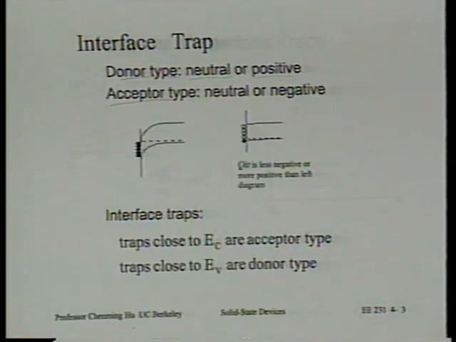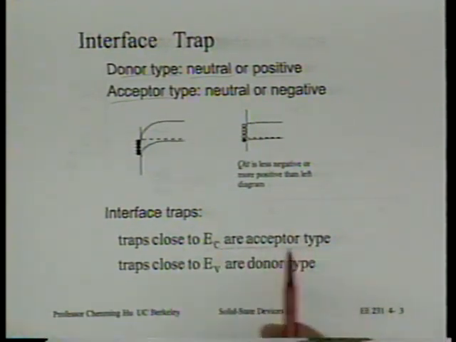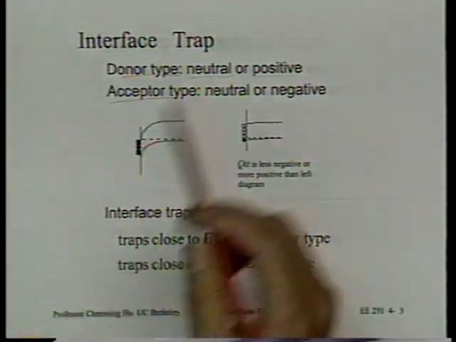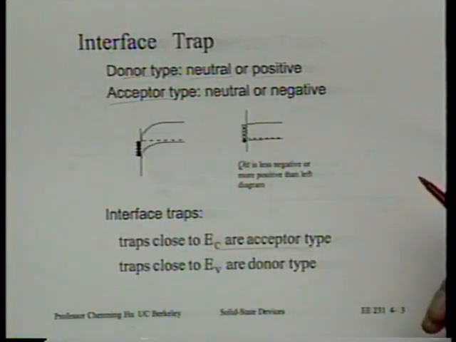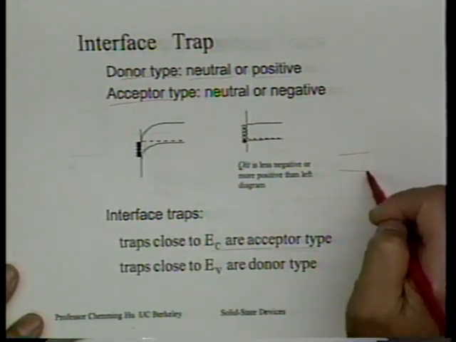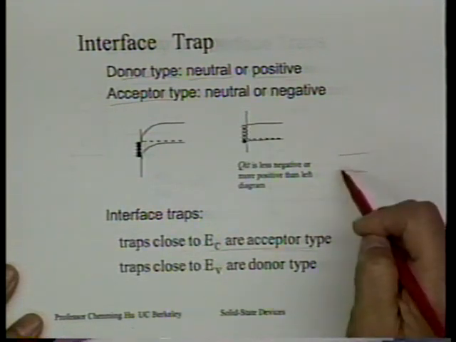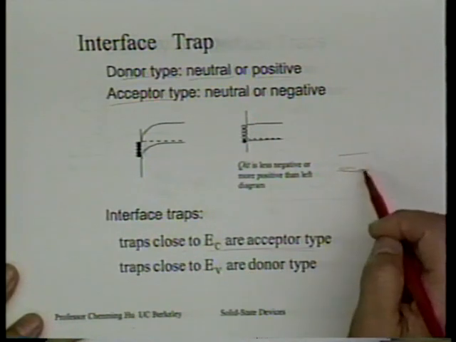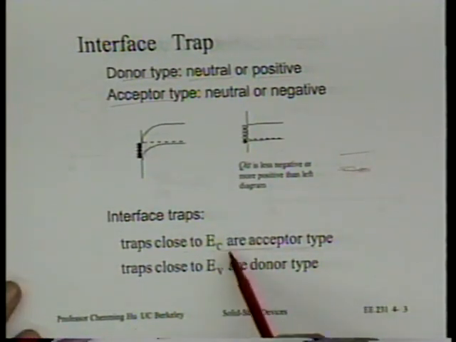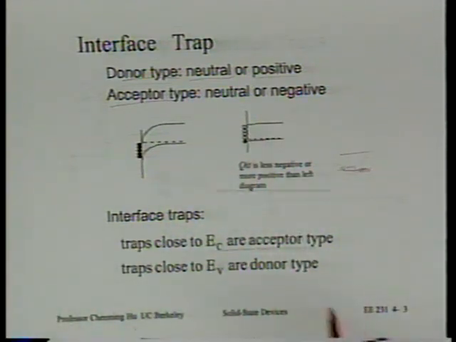But let me just summarize for you that traps closer to EC tend to be acceptor type. That is, they tend to be negative, which is not too surprising, although sometimes people find it surprising because they think acceptor type should be like boron, which has the acceptor states. But you don't think that way. You really think about traps that are closer to the conduction band. Do you think they tend to be negative or positive?